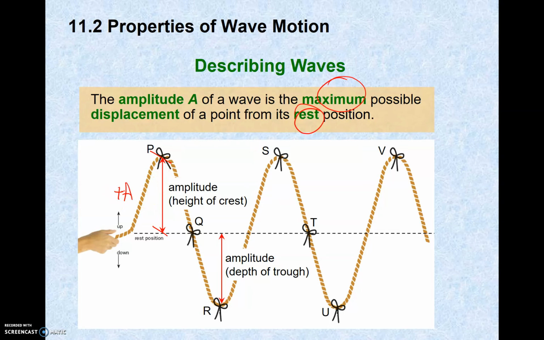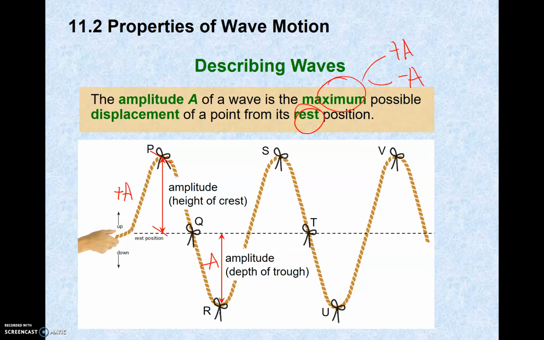If I measure the other way, from the rest position down to the trough, it's also called amplitude because it's maximum in another direction. So what we have is negative A. So in terms of amplitude, you actually have two numbers that you're looking for, plus A and minus A. But take note, amplitude is talking about distance, measured in meters, cm, and sometimes even mm.